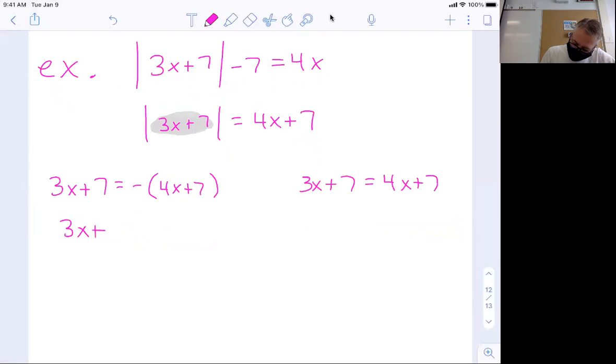So I'll distribute that negative sign. Get my x's on one side.